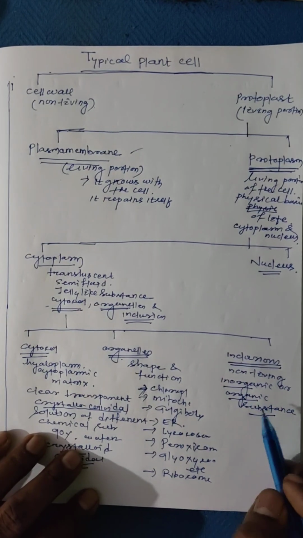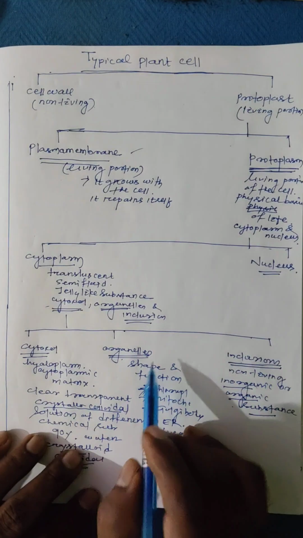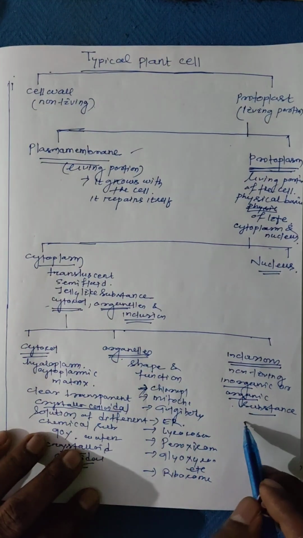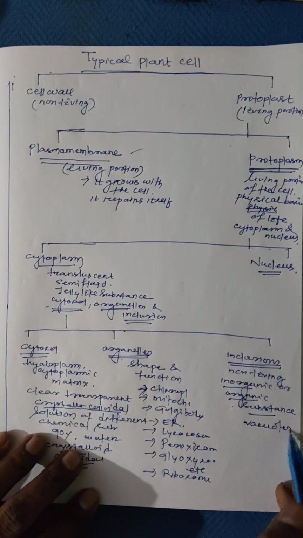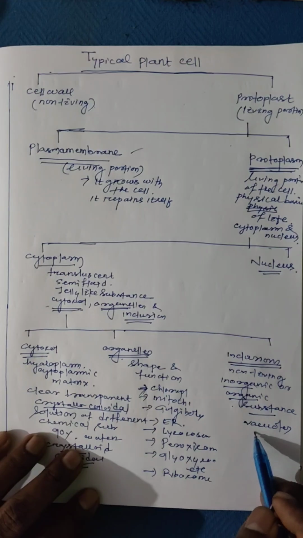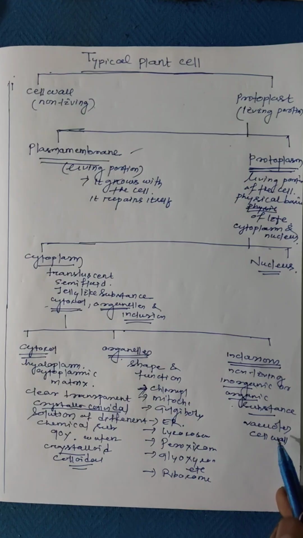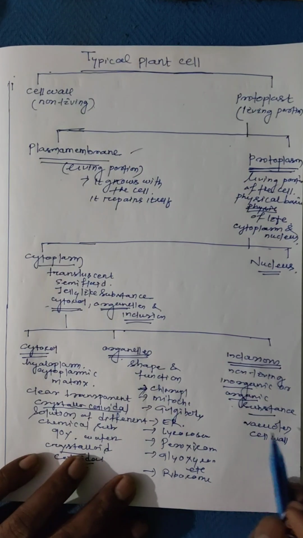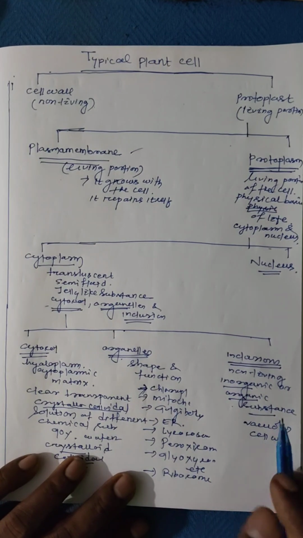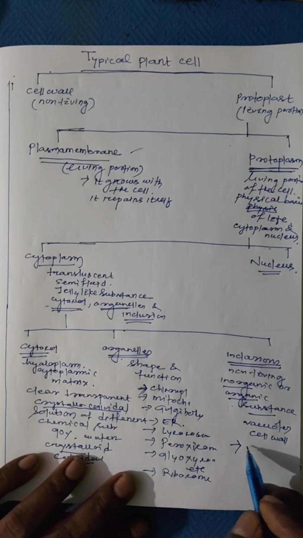These inclusions are found in the cytoplasm, and also inside the vacuoles, and also in the cell wall. The examples of these inclusions are of three different types.